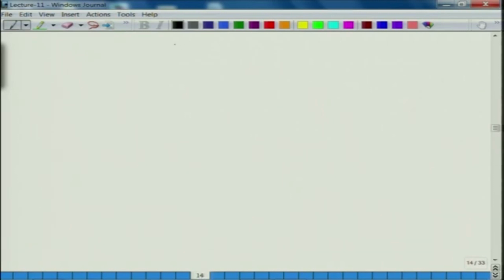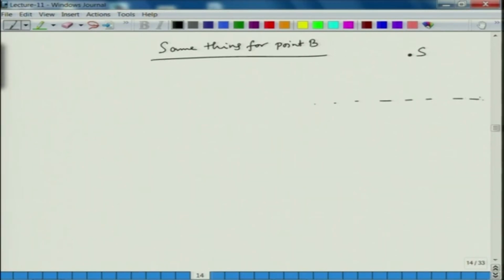Now, the same thing we will do for point B. When we talk about point B, what we have here is S, and then we have a line here, and B is not directly south, but both these dimensions are 10 meter.